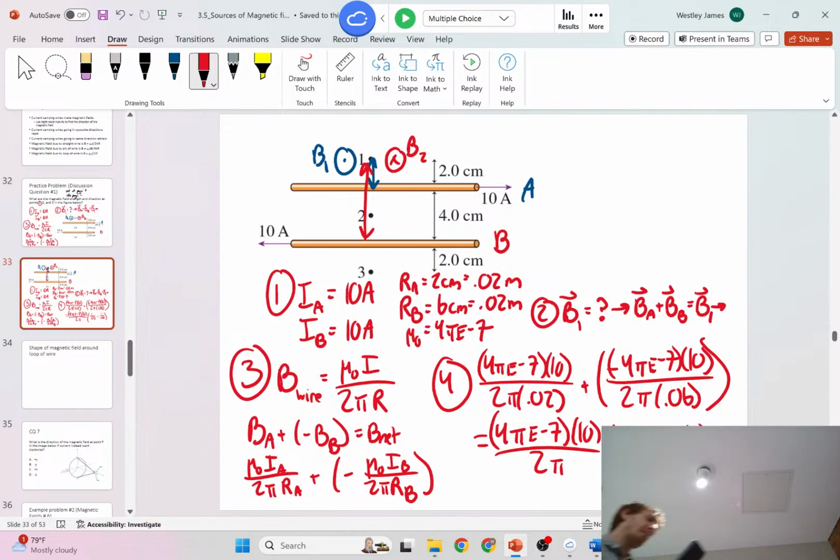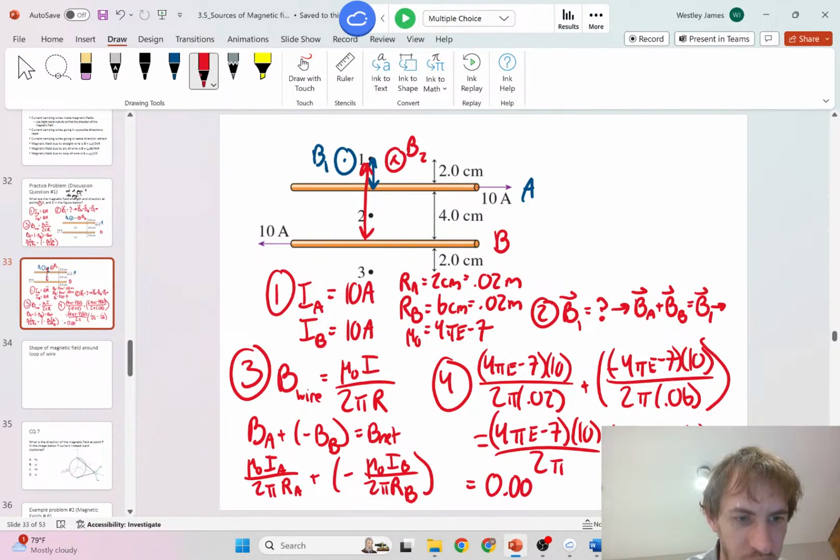And then I look at my calculator, and I look at what I wrote, and I check that they match, and I get a magnetic field that is 0.000067 Tesla. That can be rewritten as 6.7 times 10 to the minus 5 Tesla. That is a positive number, so it is out of the page.